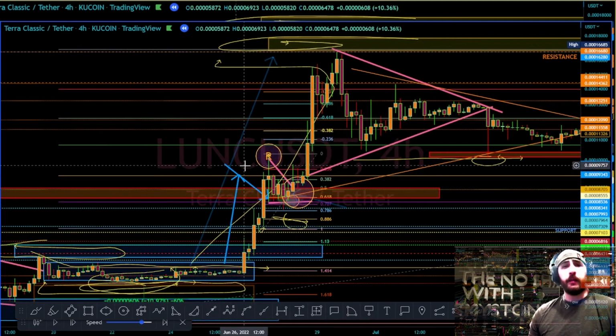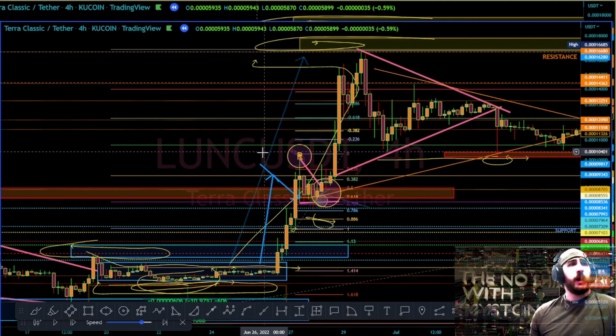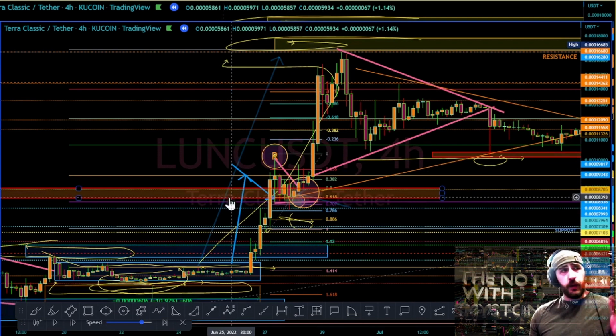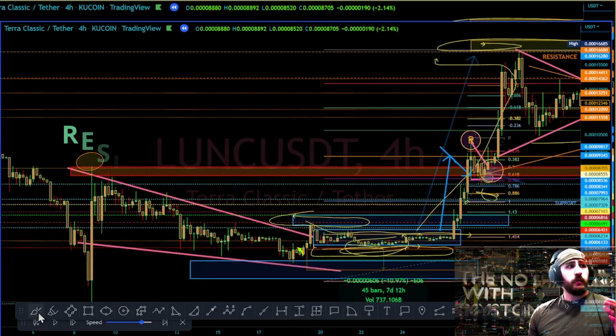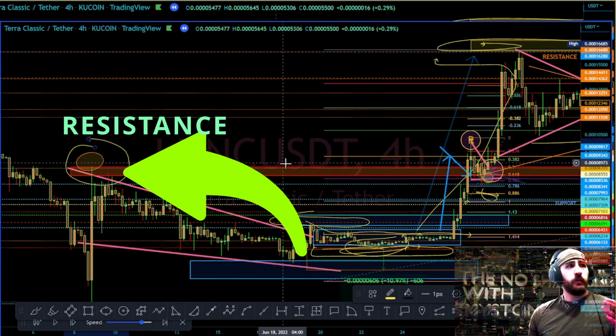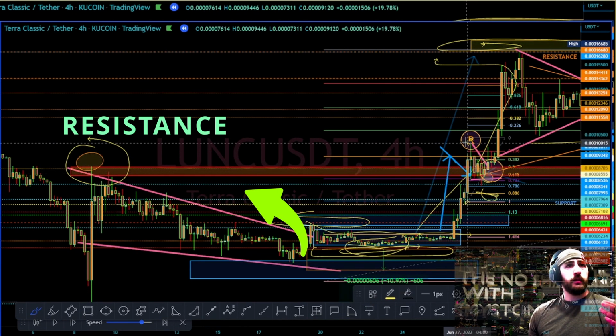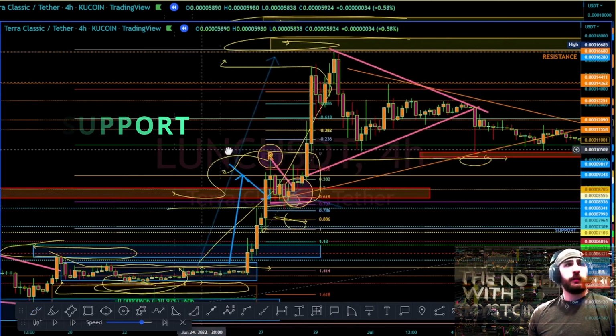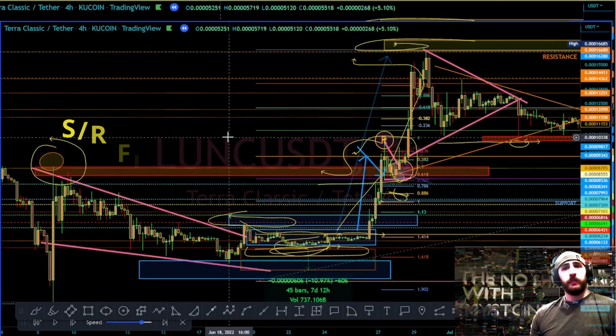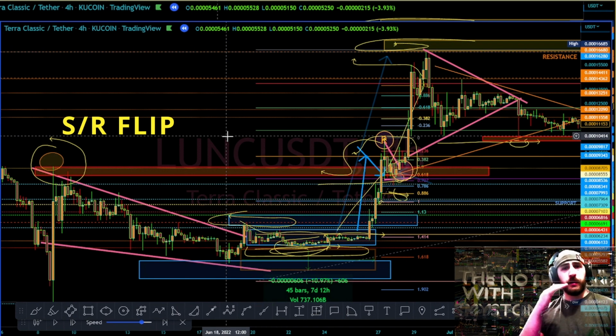Not all the time, but it happens a lot. So this is a perfect example of a resistance level right here turning into support right here. Perfect example. That would be an SR flip or RS flip, resistance into support.